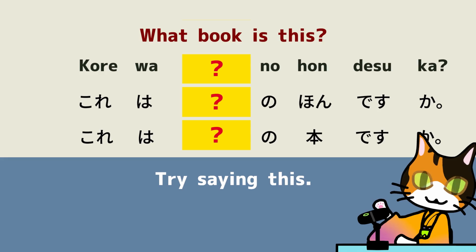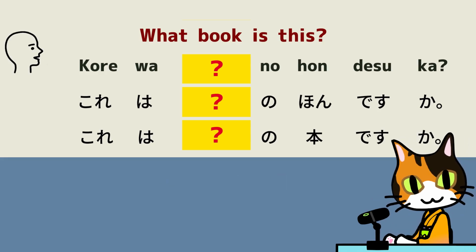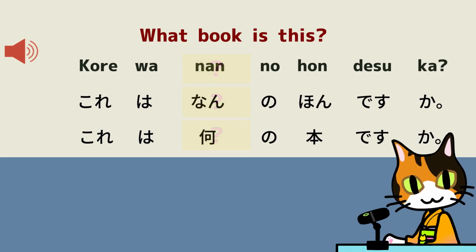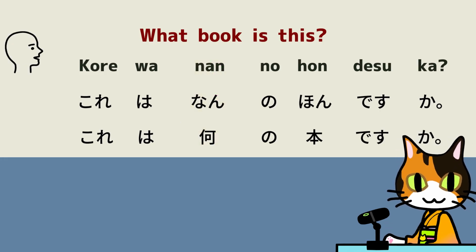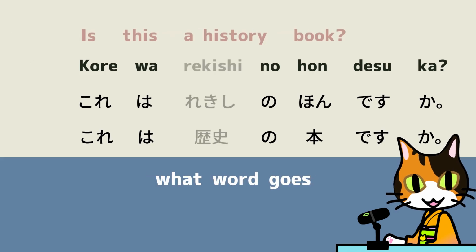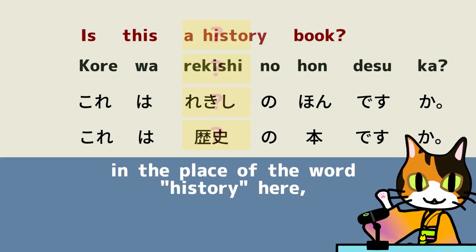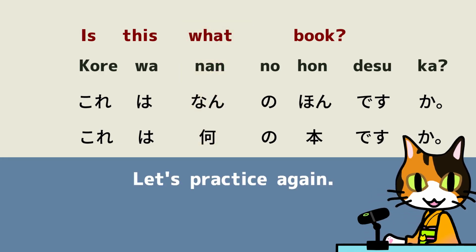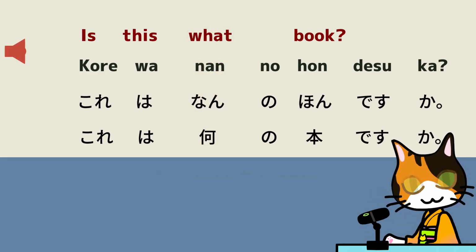Try saying this. Fantastic. これは何の本ですか? We want to know what word goes in the place of the word history here, so we put what here. Let's practice again. これは何の本ですか?